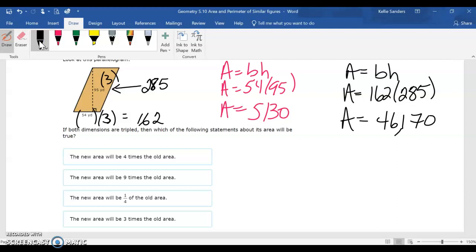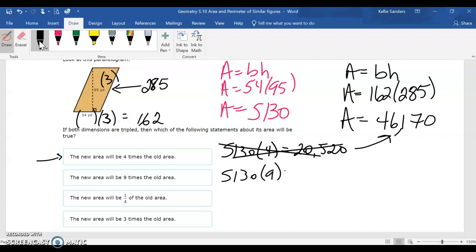All right. So then the new area will be 4 times the old area. Well, if I do 5,130 times 4, that's 20,520. That's not this, so it's not that. 5,130 times 9.